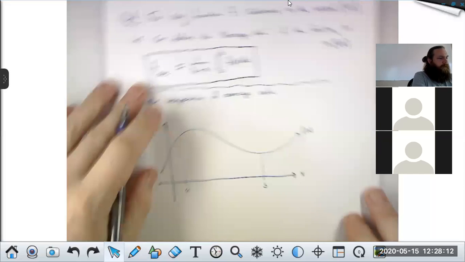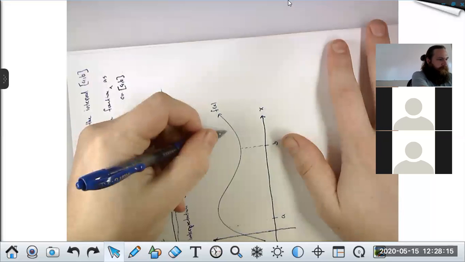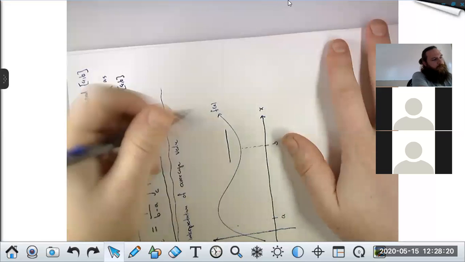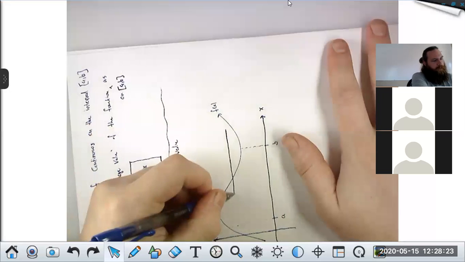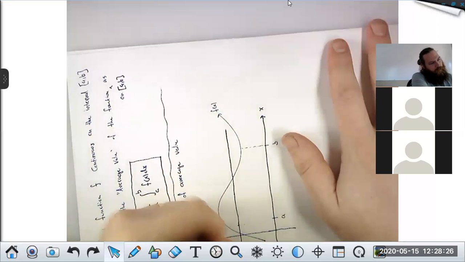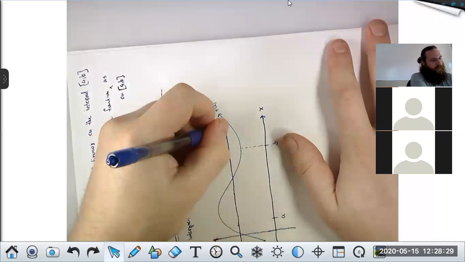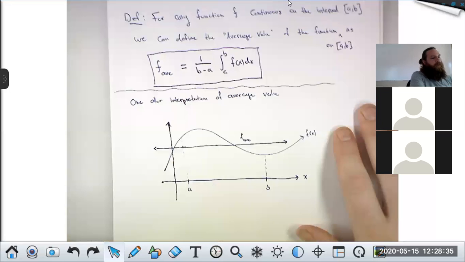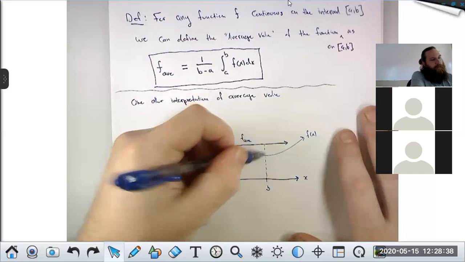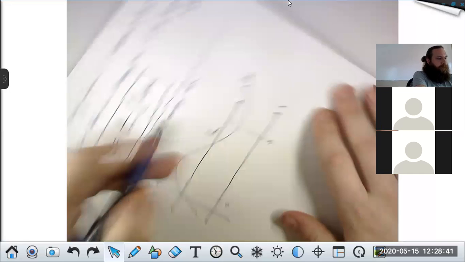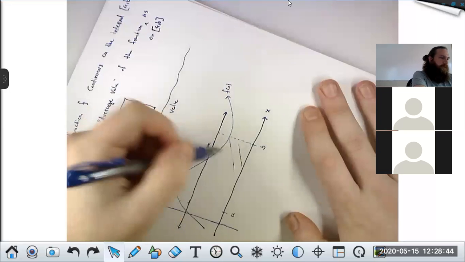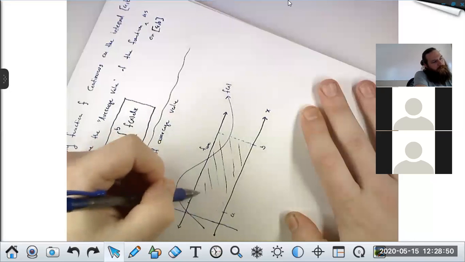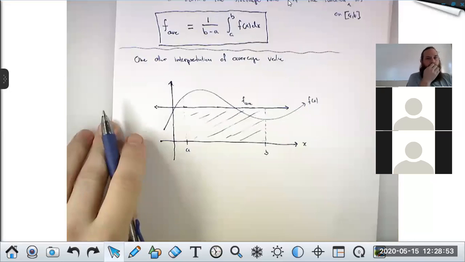To get that same area, I think f av is going to be something like this. So the area that's bounded underneath f av, this rectangle, is the same as the total area underneath f.